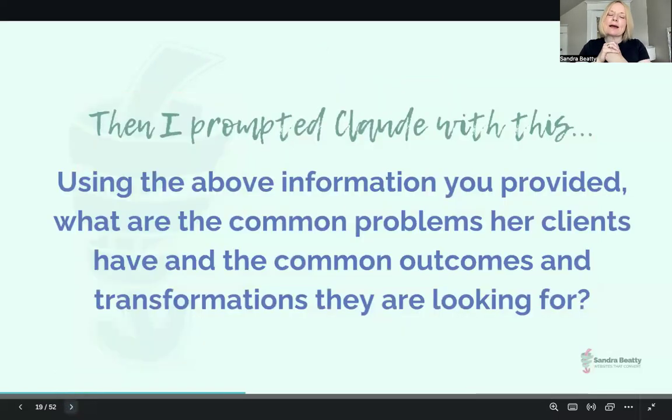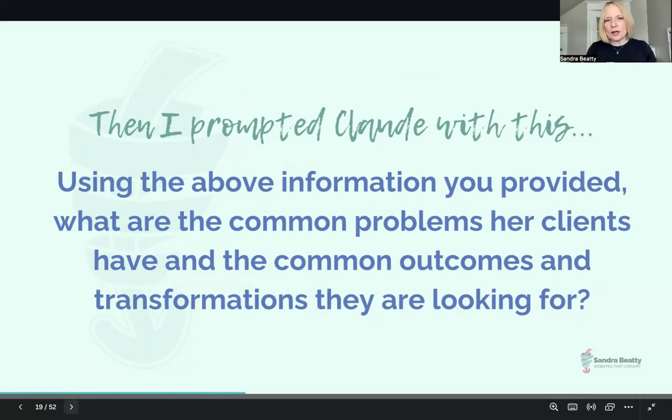Then I took it a step further, because maybe you've got quotes and there's nothing there that's a real gem that you really think you could use as a headline. So you want to get a summary of the common problems or outcomes or transformations, things like that. Okay.